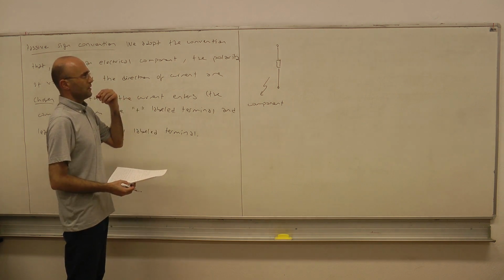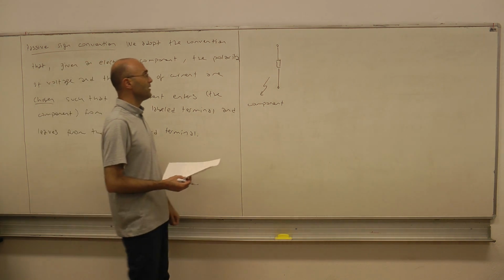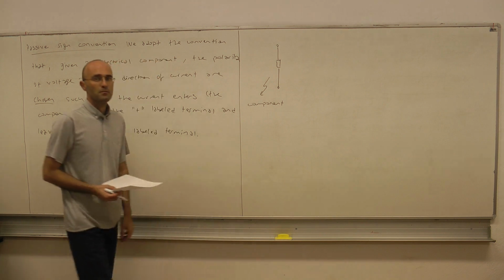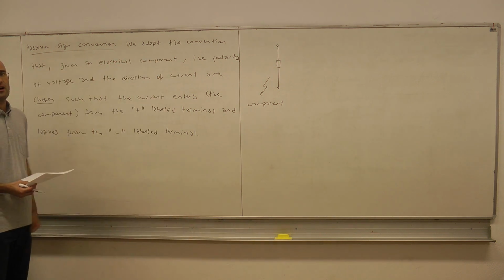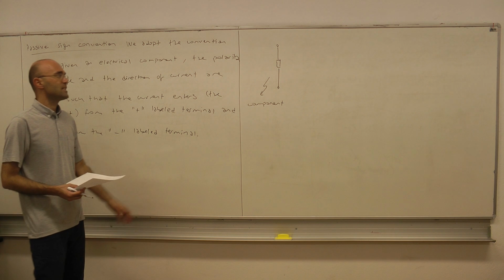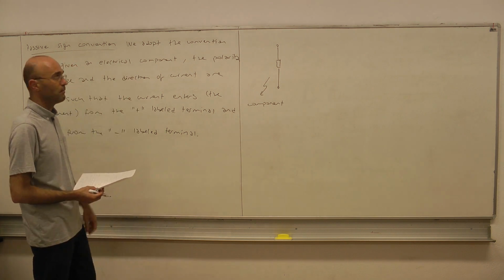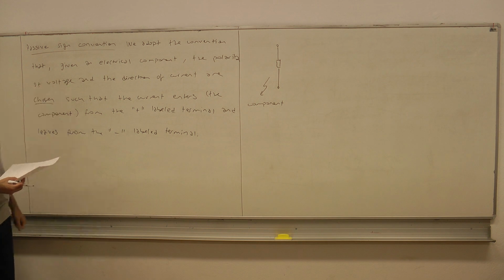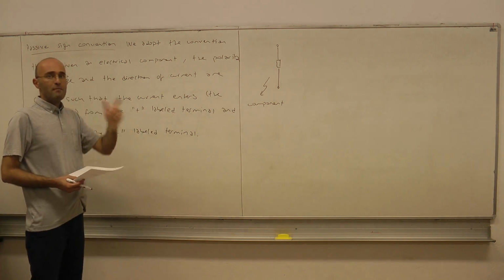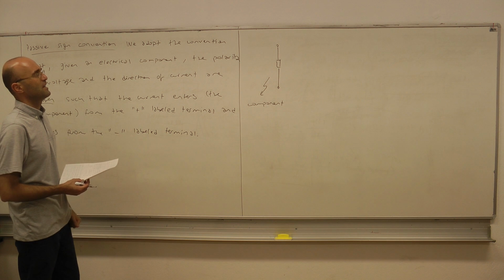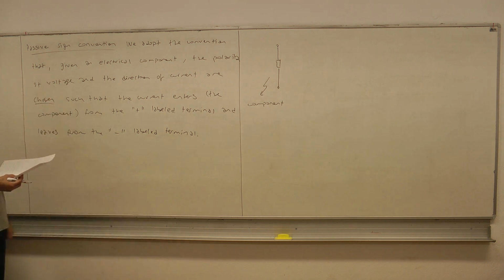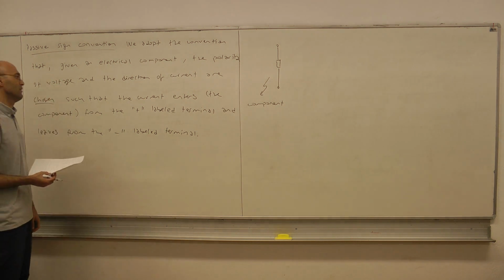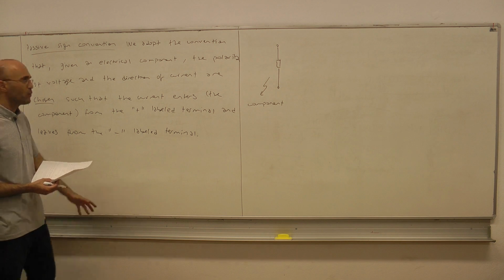And in order to be unambiguous about that, we have to choose a direction for the current and a polarity for the voltage. And that we can do arbitrarily. But if we want to stick to passive sign convention, we can choose one of them arbitrarily, and once that choice is made, the remaining one must follow automatically. We have no choice left.